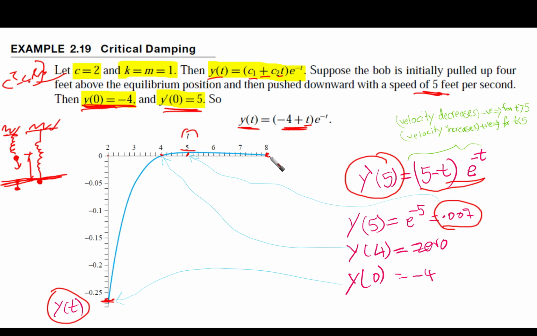So there is some part going a little bit above the equilibrium position, and then after that it goes back again to the equilibrium condition.